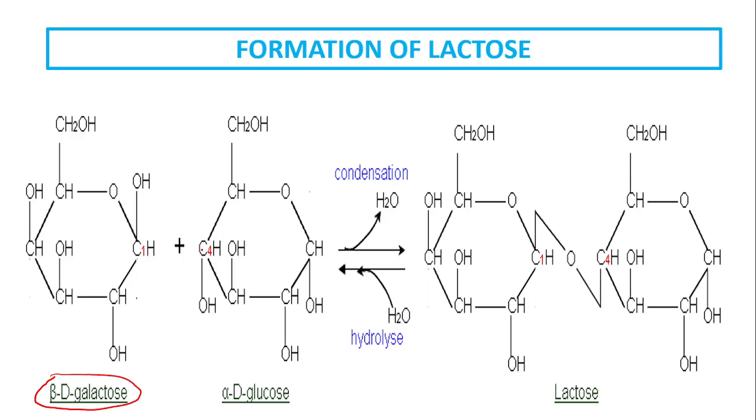In sucrose, it was the first carbon of glucose and the second carbon of fructose. So these are the ones which normally take place. Remember, the body has a lot of D-glucose. Take note of that.